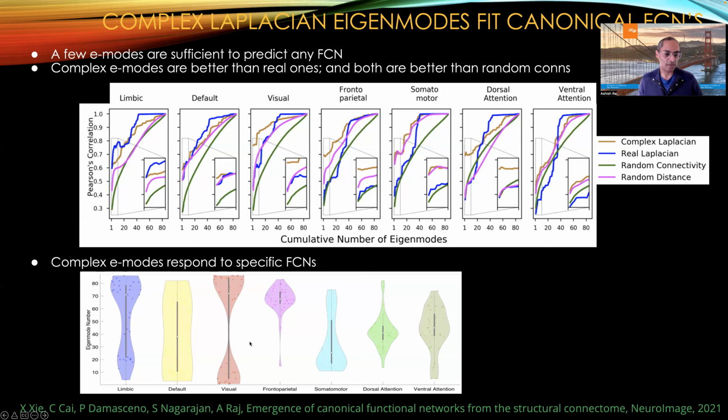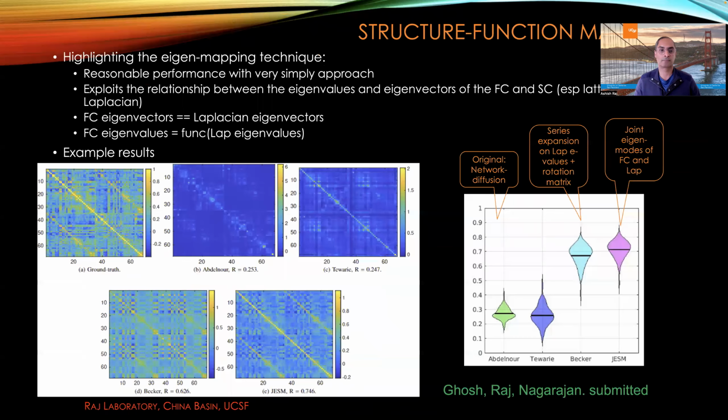In fact, what we found is that certain canonical networks, for instance, the default mode, encapsulate all the eigenmodes. Basically, every eigenmode is responsive to the default mode network, but only some eigenmodes are responsive to the visual network or the frontoparietal network or the somatomotor network. We think these are important aspects that require further study. So back to the question about the structure function map.